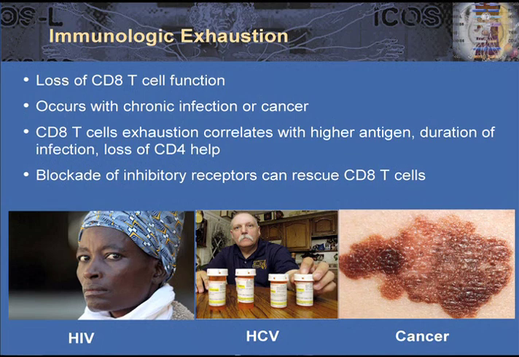HIV, hepatitis C virus, or melanoma are all situations where you can have exhaustion of CD8 T cells, so they no longer clear virus or kill the cancerous cells. CD8 T cell exhaustion correlates with having high levels of antigen, with having a chronic, long-duration infection, and also it correlates with the loss of CD4 help. By blocking inhibitory receptors, you can rescue CD8 T cells from this exhaustion.